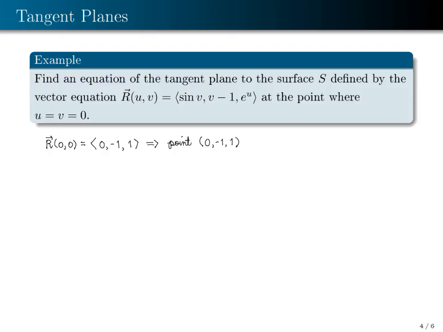The previous theorem tells us that the vector normal to the tangent plane is the cross product of r_u(0, 0) and r_v(0, 0). Hence, we need to compute first r_u(u, v) and r_v(u, v).